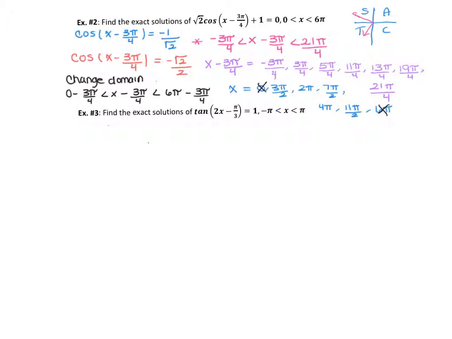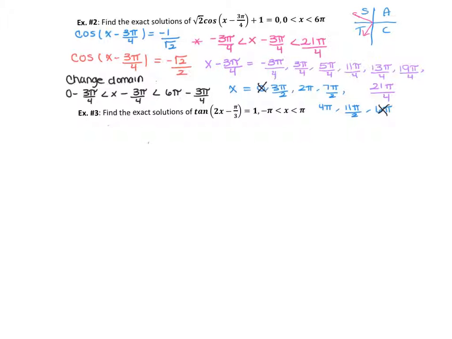So I had to subtract 3 pi over 4 initially from my original domain, because that's actually what's happening to all my x's. They're being shifted to the right 3 pi over 4 units. Once I found all of the possible x values from negative 3 pi over 4 to 21 pi over 4, you have that for x minus 3 pi over 4, but of course we want just x.